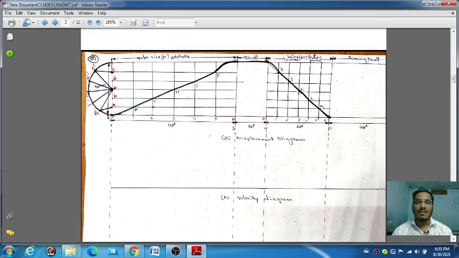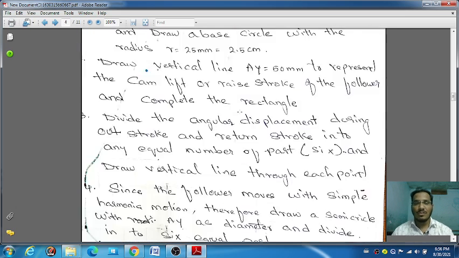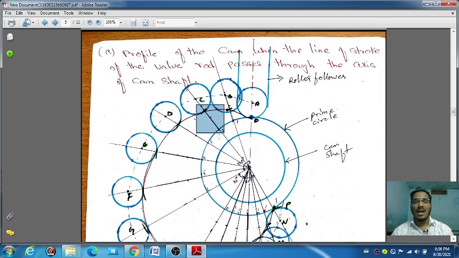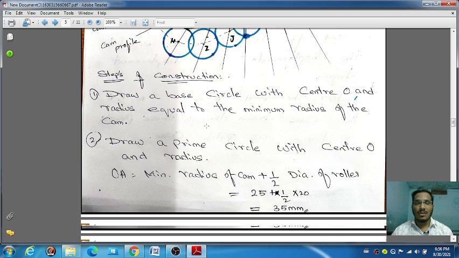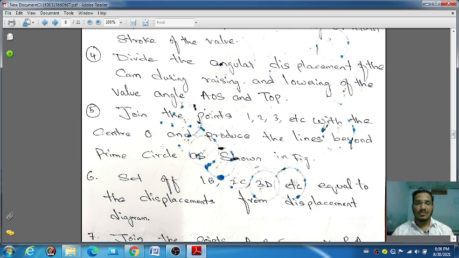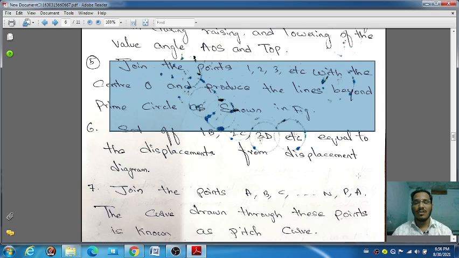You will get the values 2 to C, 3 to D, 4 to E, 5 to F, 6 to G. Like this you take the values and cut the arcs on the lines, and then with the help of a smooth curve you can draw the cam profile. This is your cam profile. After the cam profile, join the points 1, 2, 3, 4 and so on with the center O and produce the lines beyond the prime circle.